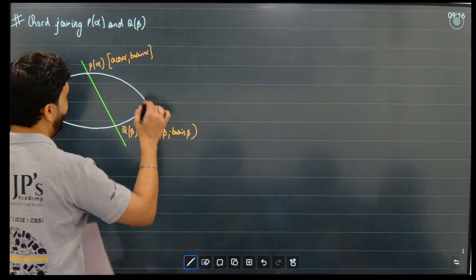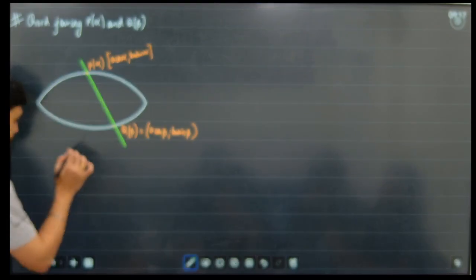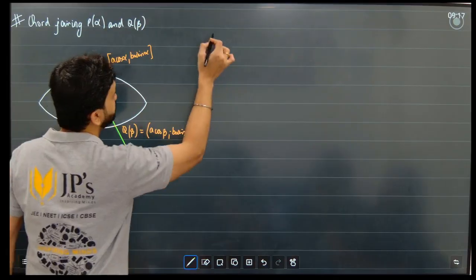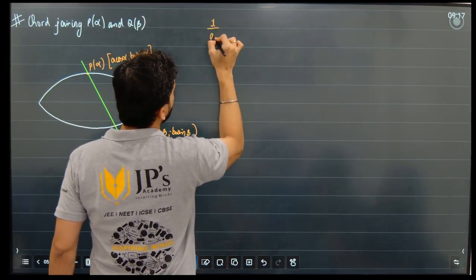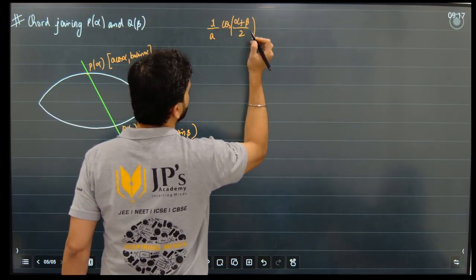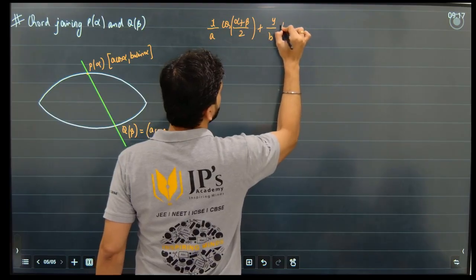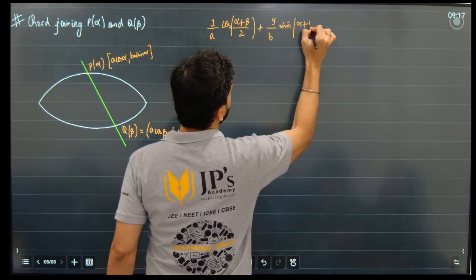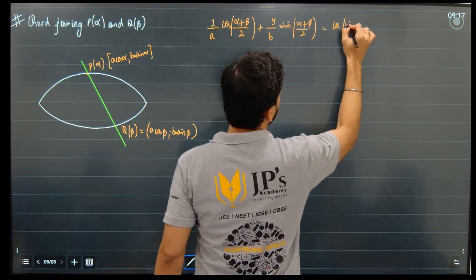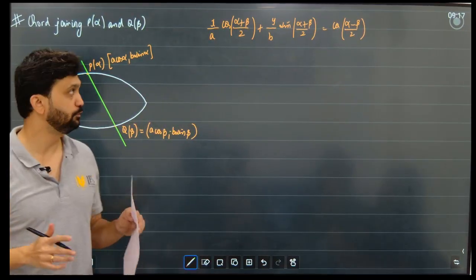If I simplify these 2 points, my equation will become, remember this, x upon a cos alpha plus beta by 2 plus y upon b sin alpha plus beta by 2 is equal to cos alpha minus beta by 2.